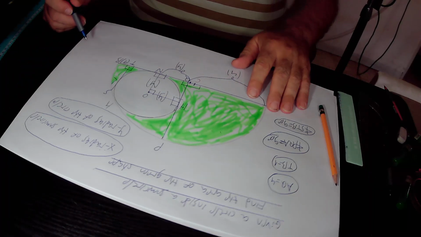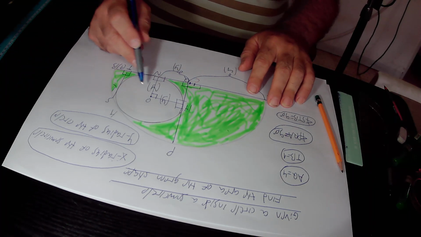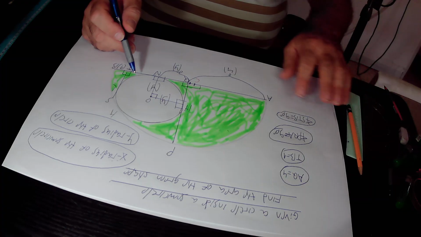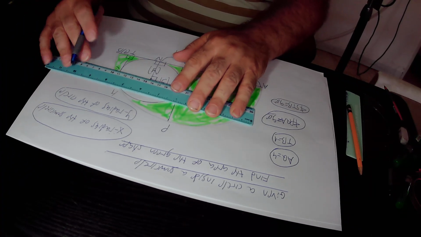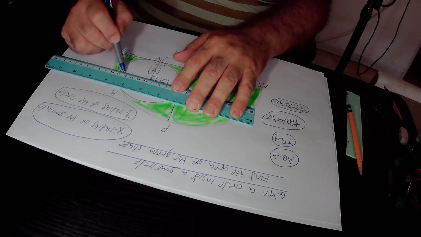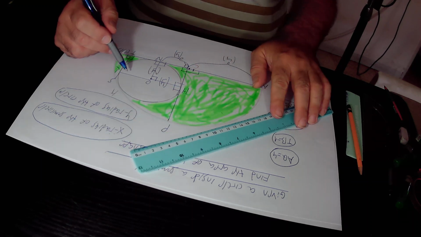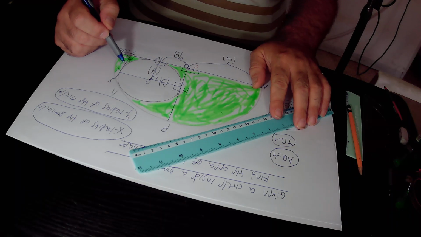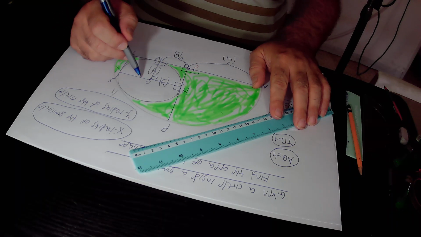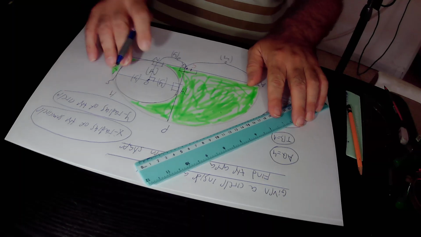In the next step, we join points O and N together by a straight line. OL is of course the radius of this small circle, that is equal to y.